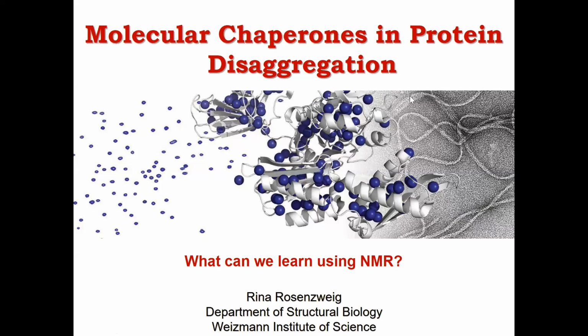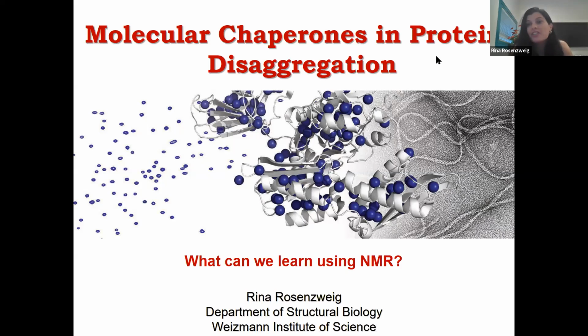Then she joined the Weizmann Institute of Science in 2006, where she uses NMR to understand molecular mechanisms that can rescue cells from the accumulation of misfolded and aggregated proteins associated with neurodegenerative diseases. She has various awards, and the latest one I will read out, the Israeli Foundation Faculty Fellowship Award. With this brief introduction, I welcome Professor Rosenzweig to discuss molecular chaperones in protein disaggregation. The floor is yours.